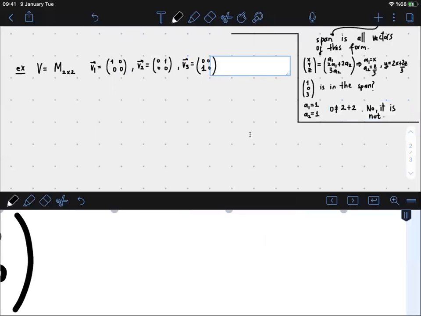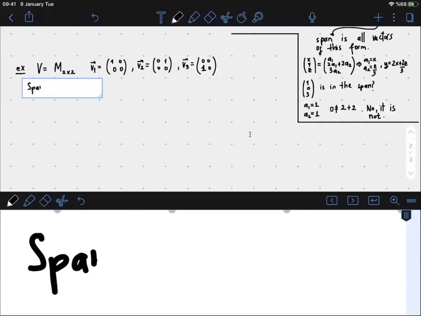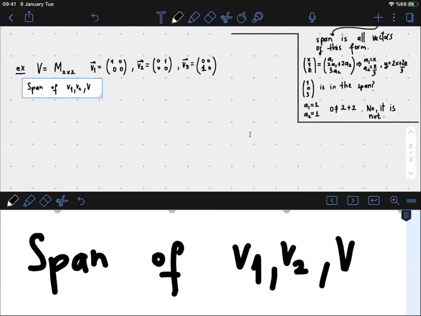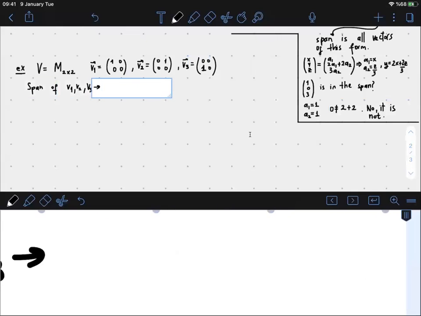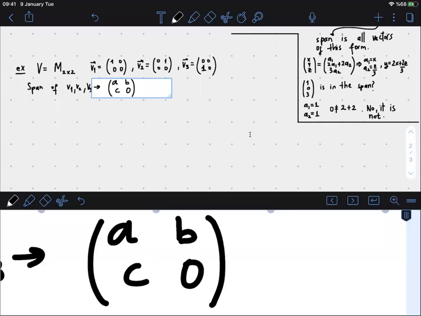So what is the span of these 3 vectors? You can see right away that the span of these 3 vectors is all matrices of this form: a, b, c, and 0. Any matrix of this form can be written as a linear combination of v1, v2, v3. For example, 1, 2, 5, 0 is in the span.